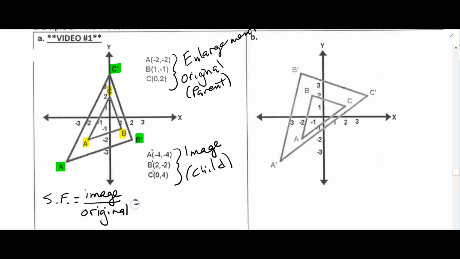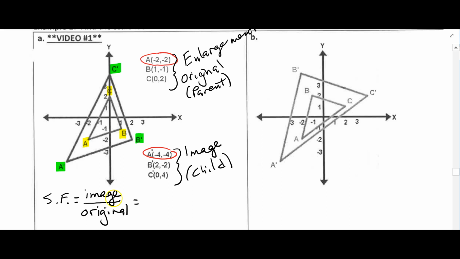Or in this case, we're going to be using coordinates. So we can use x coordinates or we can use y coordinates, and we have 3 different points that we can choose from. So I'm going to start by using A and A prime. So here's A and here's A prime, and since our x and y coordinates are the same, it really doesn't matter what we use.